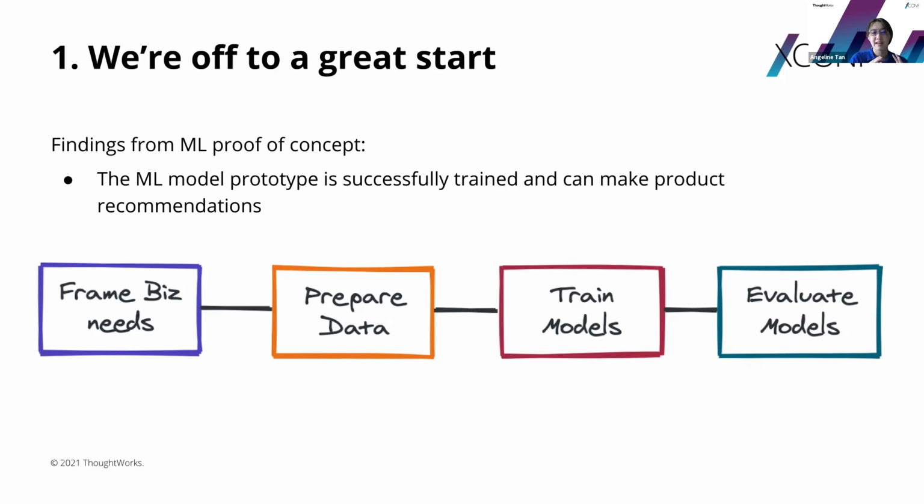Finally, they ended up with an ML model prototype that is successfully trained and can make intelligent product recommendations on their website. Dana and her team are really glad, and they would like to now pass this model to the development team to deploy to production. Now, could this be done?